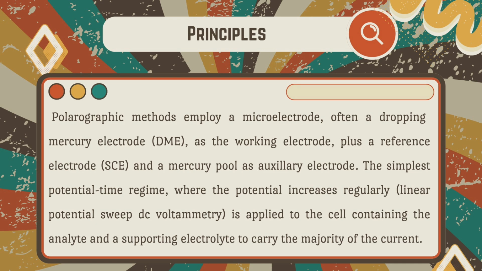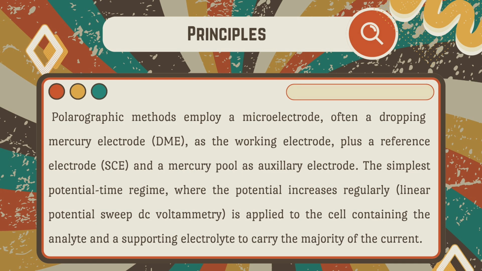The simplest potential-time regime, where the potential increases regularly, linear potential sweep DC voltammetry, is applied to the cell containing the analyte and a supporting electrolyte to carry the majority of the current.